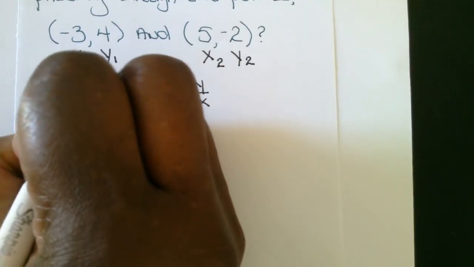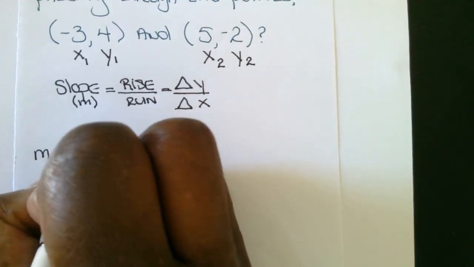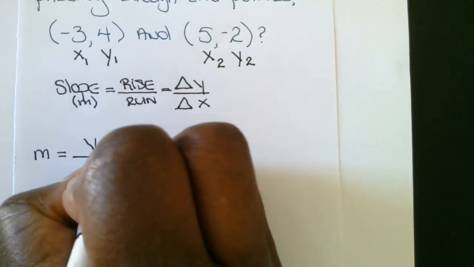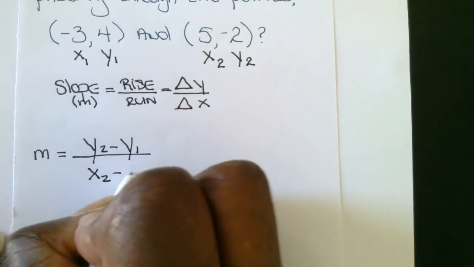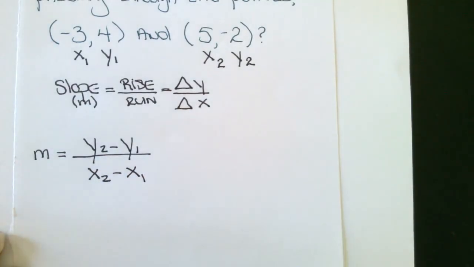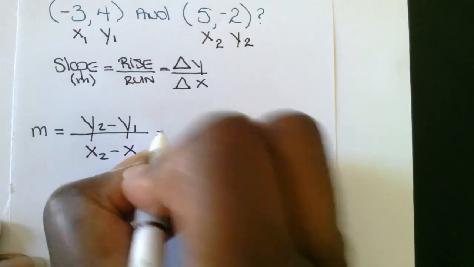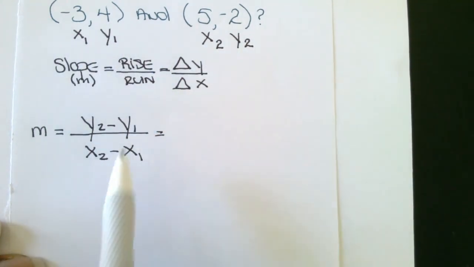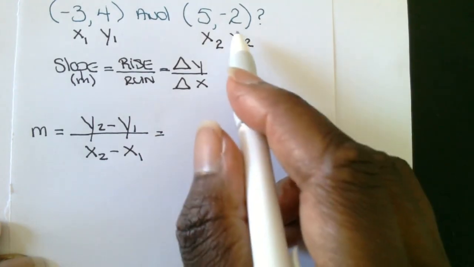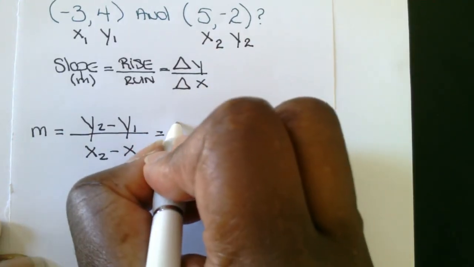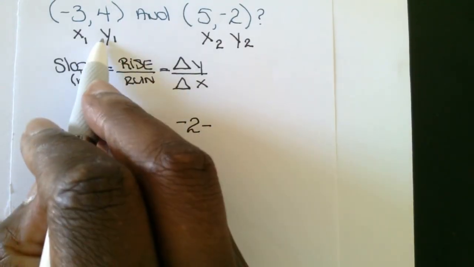Slope is represented by the letter M. And a lot of us know it as y sub 2 minus y sub 1 over x sub 2 minus x sub 1. So if I plug it in, I'm just plugging my coordinates into my formula. So it's the difference of my y's. For this one, my y sub 2 is a negative 2 minus my y sub 1, which is a 4.